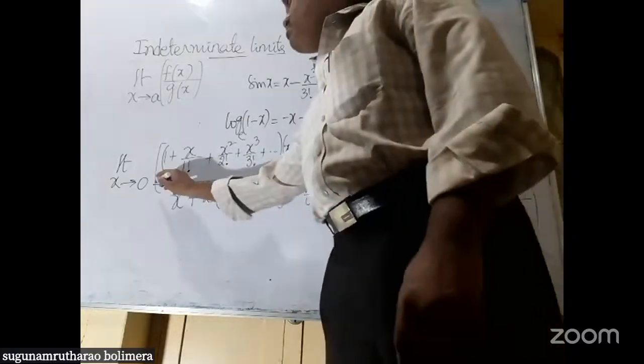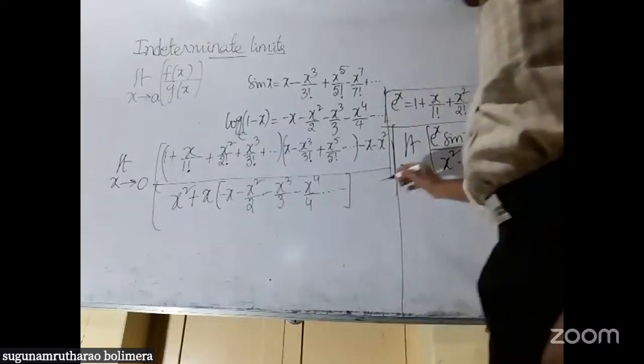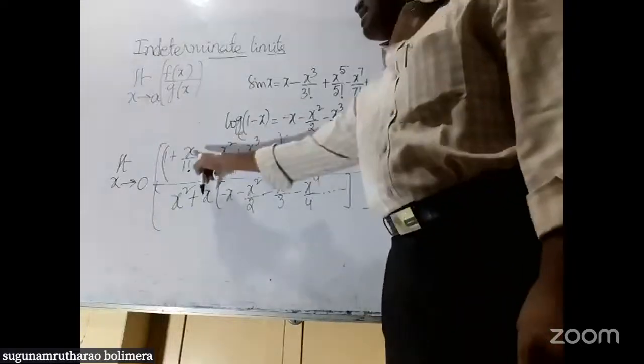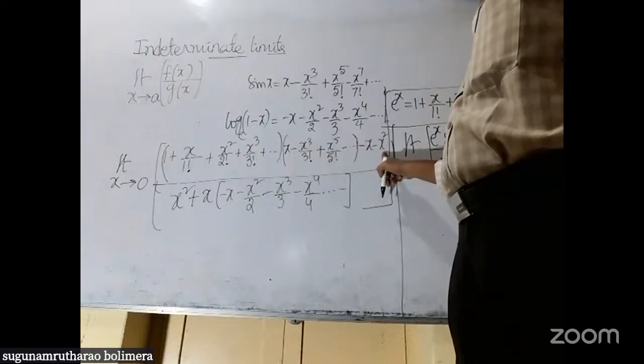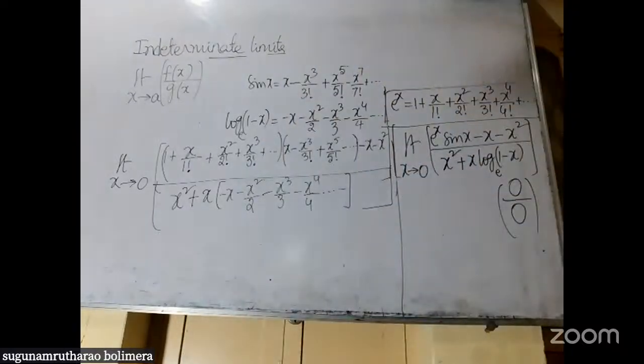So if you simplify this, both in the numerator and denominator you will get the answer. Let's cancel: x and x square minus x square both get cancelled. So what is the next step? Here in the numerator, what are you getting?